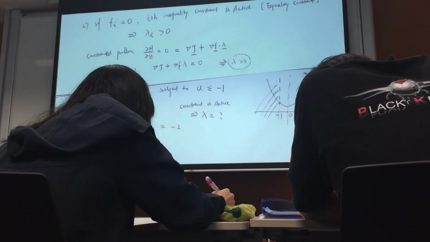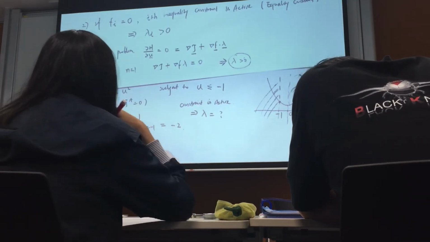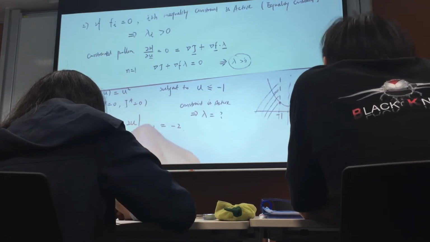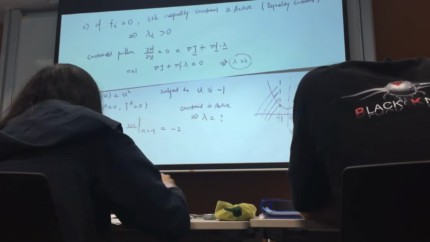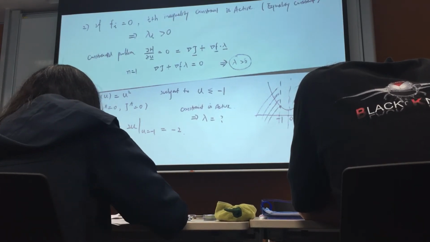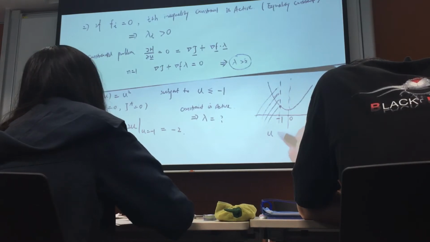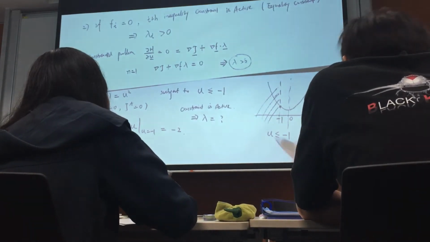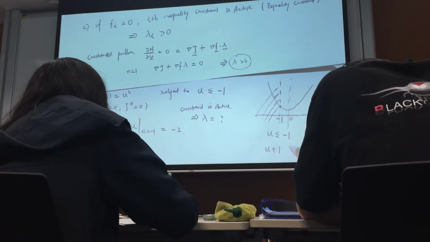So what about delta F? Delta F is dF/dU, also at U equal to minus 1. So what is the constraint of f? We define this U to be smaller than or equal to 1. We can convert this to U plus 1 smaller than or equal to 0.